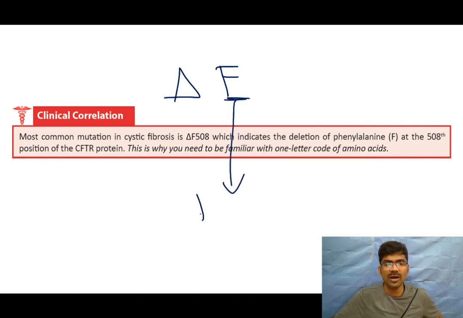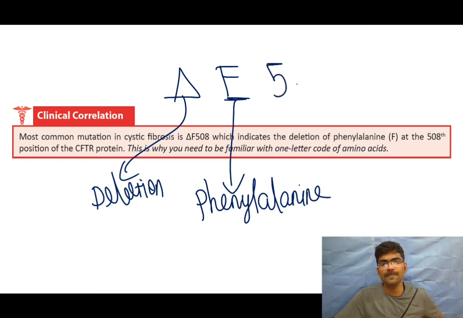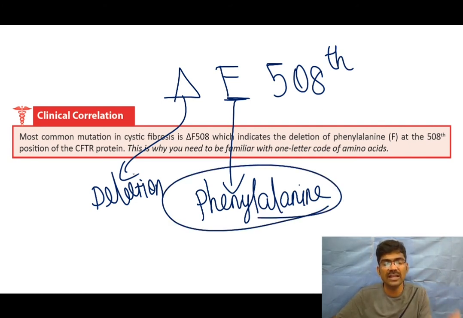F codes for phenylalanine, right? Delta means deletion. So in the CFTR protein, the 508th amino acid is phenylalanine, which gets deleted because of a mutation.